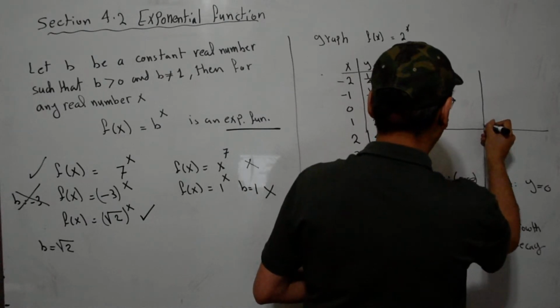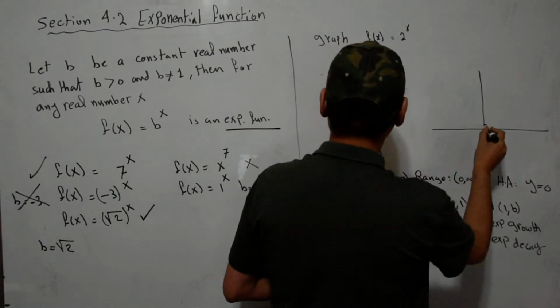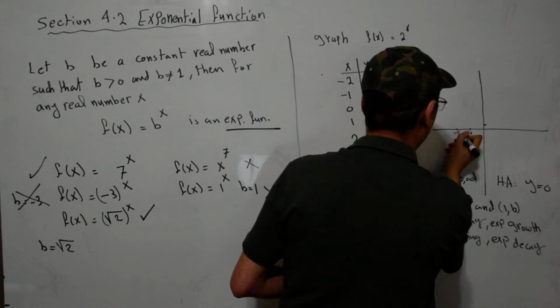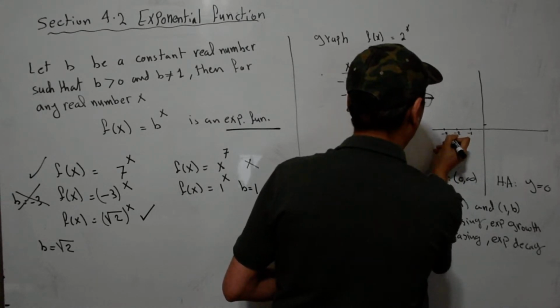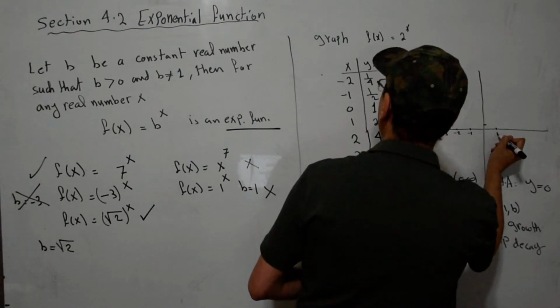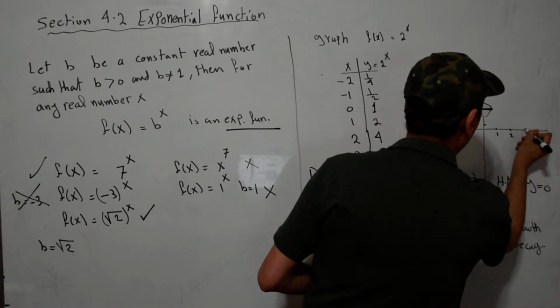Let's make the axes: we have 0, negative 1, negative 2, negative 3, and 1, 2, and 3.